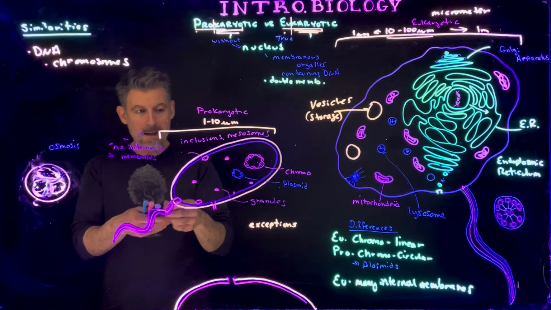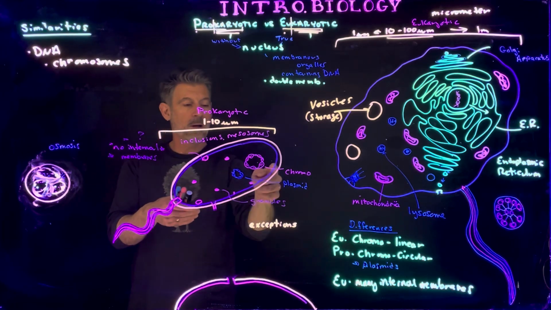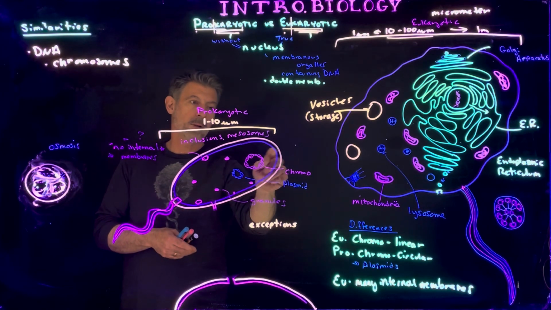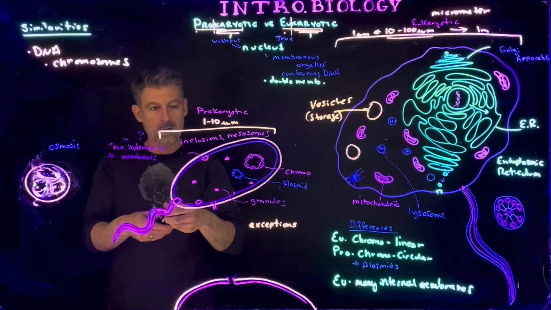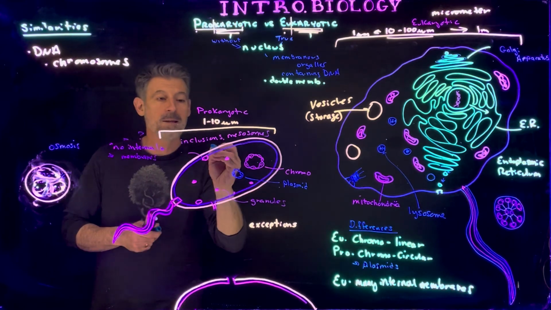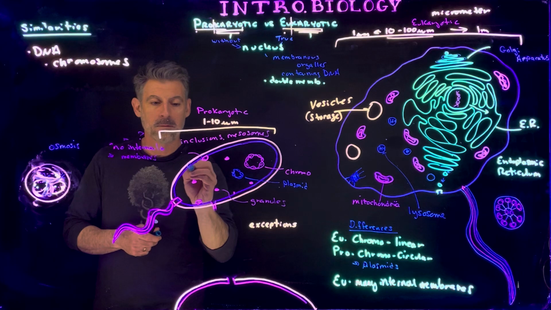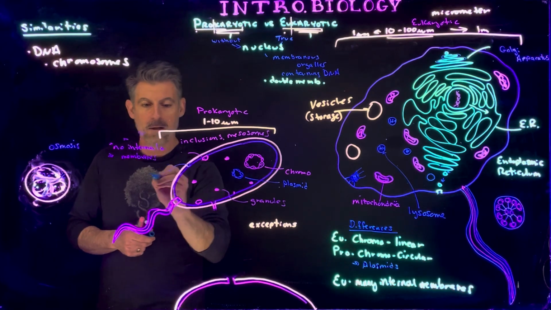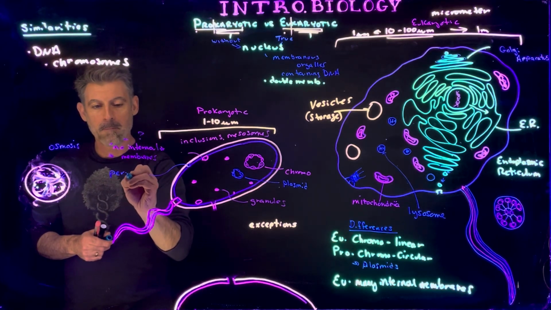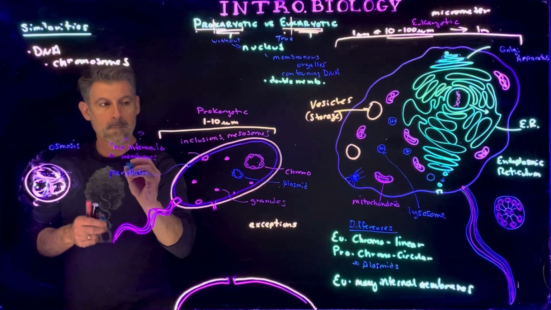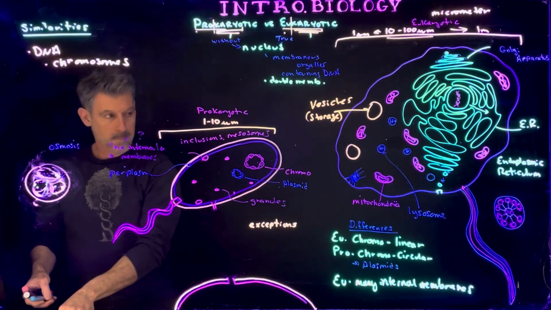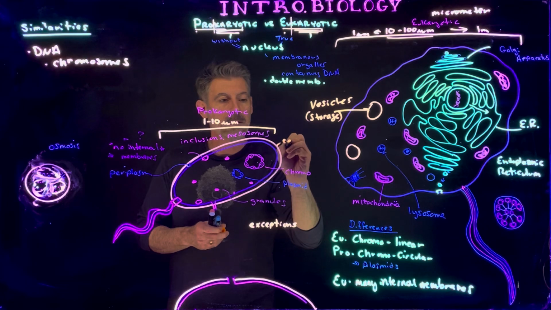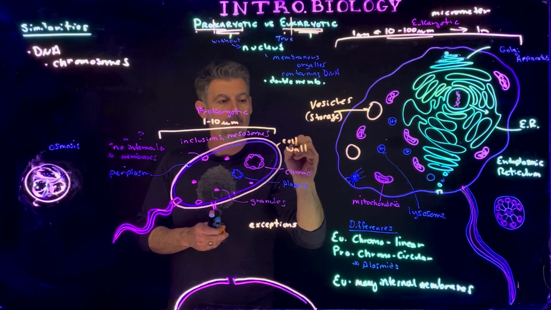They do have a space. What I drew here is two lines, all right? There's the inner line, this bluish purple line, and there's this outer line that's more orange. There's a space in between these two called the periplasm. And my outer structure here is a cell wall.